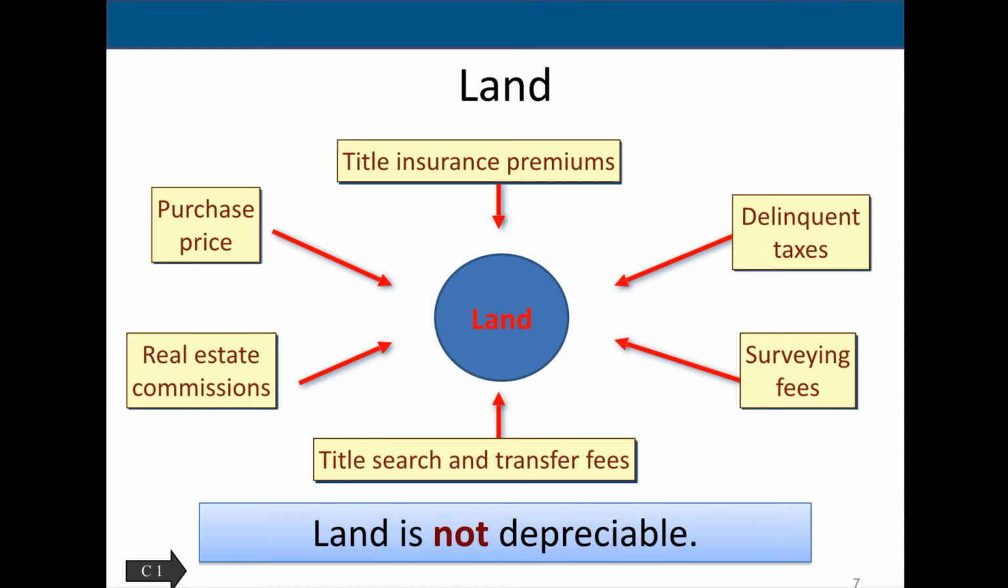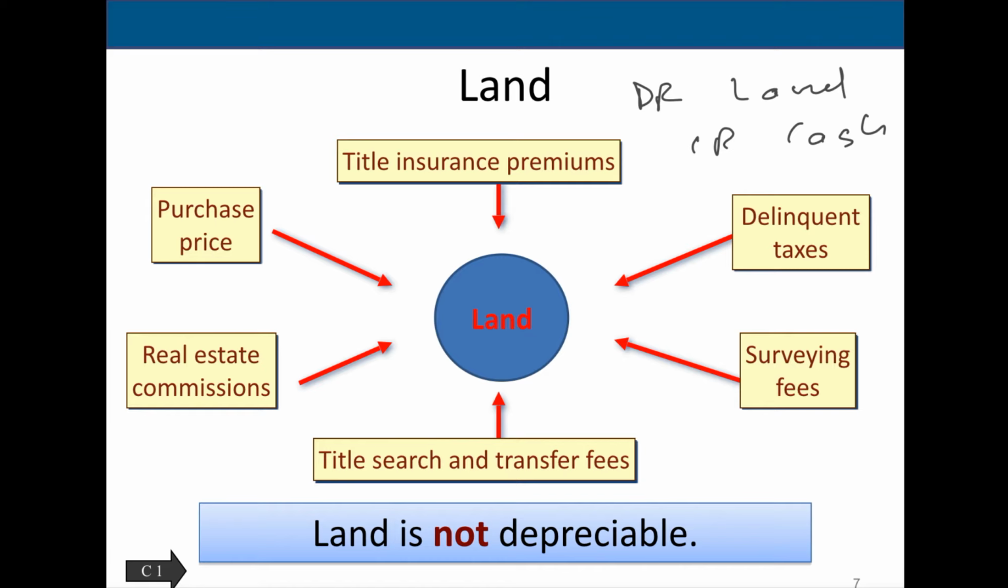Well, at the time of purchase of the land, you don't do anything different. Just like with machinery and equipment or buildings, you're going to have a debit to land and a credit to cash. Format-wise, that looks just like the other journal entries did, because that's just recording the initial cost.